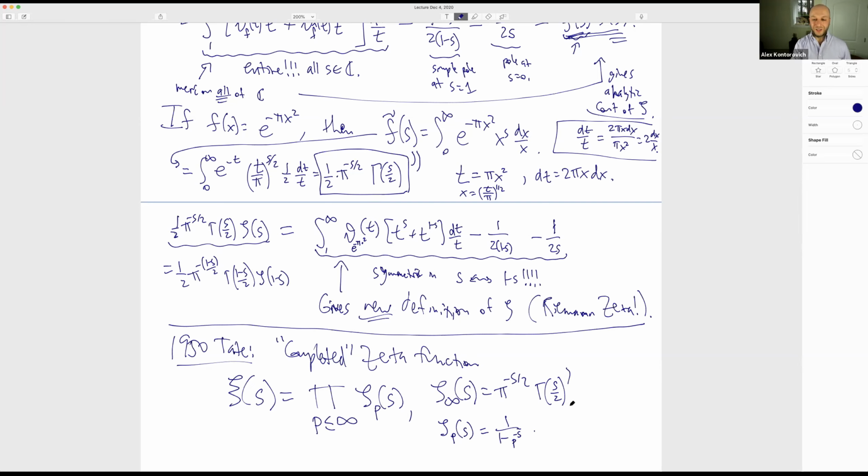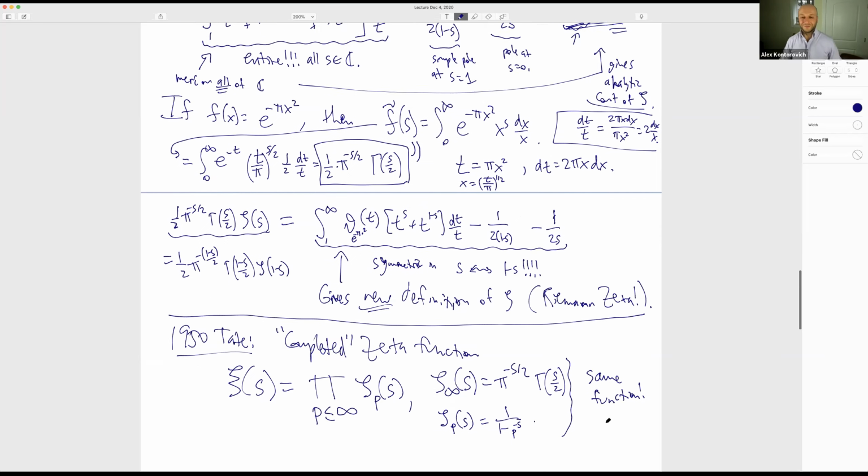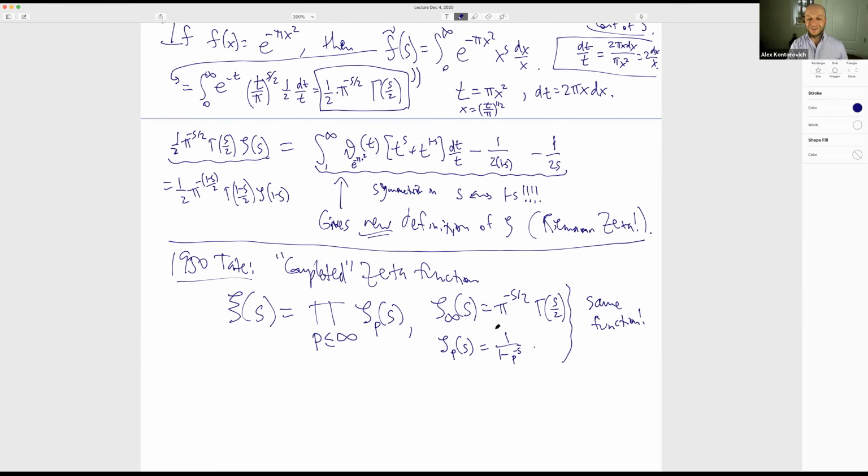And what Tate really did is these are the same type of function. They come from a p-adic Mellin transform. So there's an Adelic Poisson summation, and when you compute a p-adic Mellin transform, you get literally this, and the p equals infinity adic Mellin transform is what we computed.